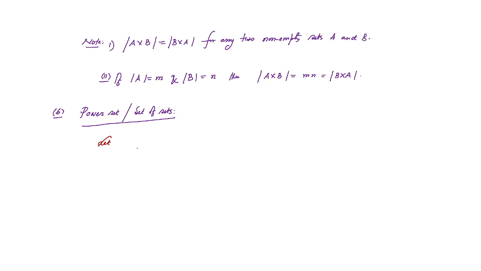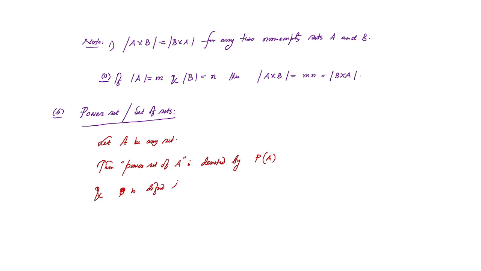Let A be any set, then the power set of A is denoted by capital P of A, and is defined by: power set of A equals all those sets B such that B is a subset of A. That means the set of all subsets of A. This is called the power set.